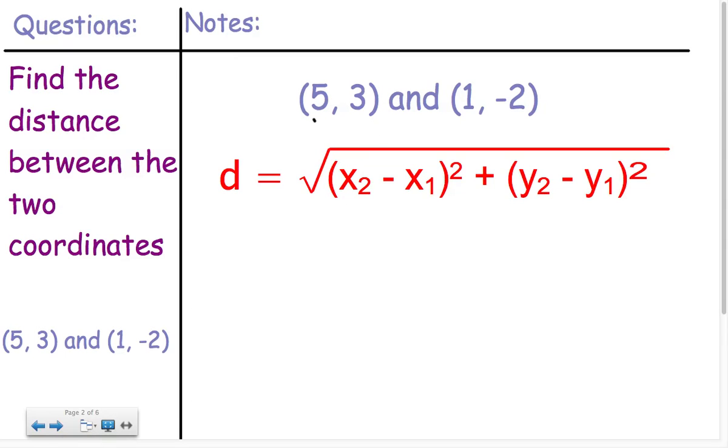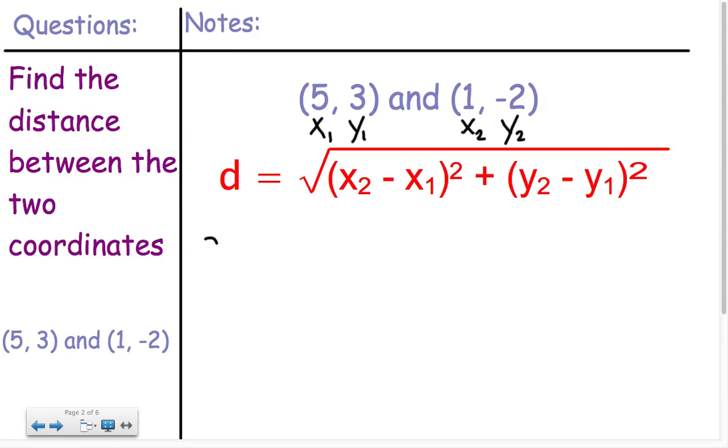It's easiest to do it this way: x then y, like the alphabet, because every coordinate point is xy, xy. Then let's take the first coordinate point and put the 1s, the second coordinate point and put 2s. That part is really important for setting up your problem correctly. If you mislabel, like I accidentally just did, you're not going to end up with the right answer.